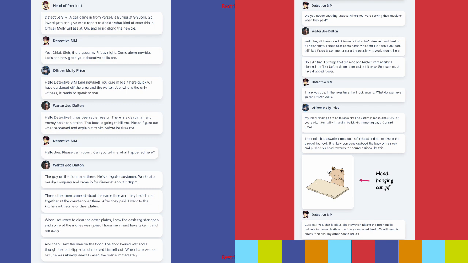Detective Sim. A call came in from Parsley's Burger at 9:30 p.m. Go investigate and give me a report to decide what kind of case this is. Officer Molly will assist. Oh, and bring along the newbie. Yes, Chief. Sigh. There goes my Friday night. Come along, newbie. Let's see how good your detective skills are. Hello, Detective Sim and newbie. You sure made it here quickly.